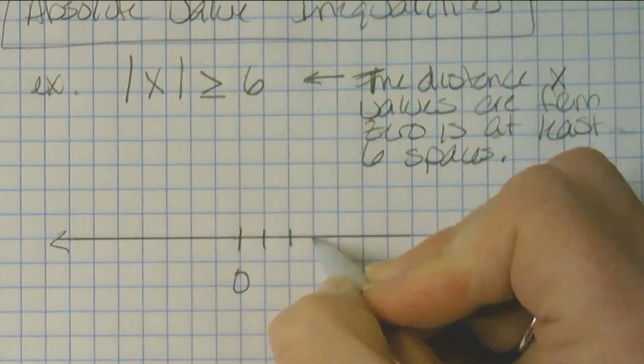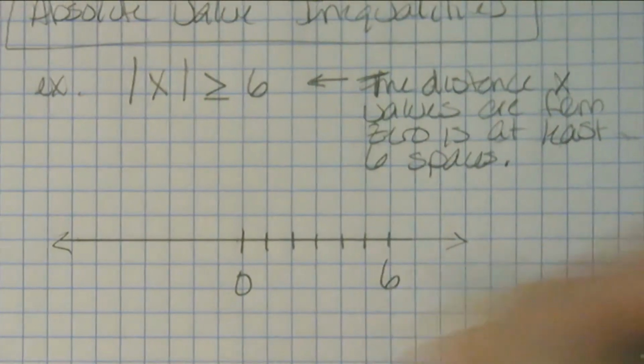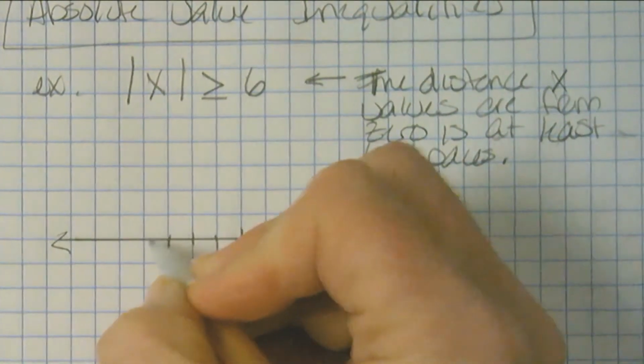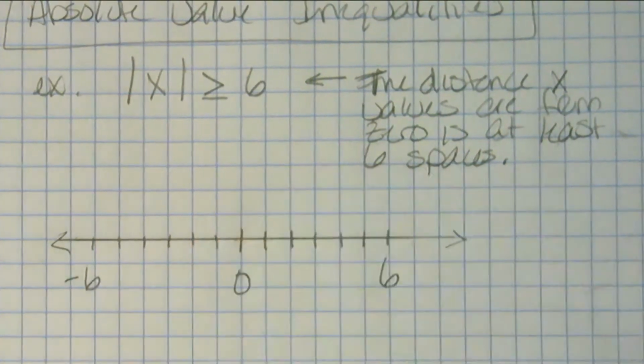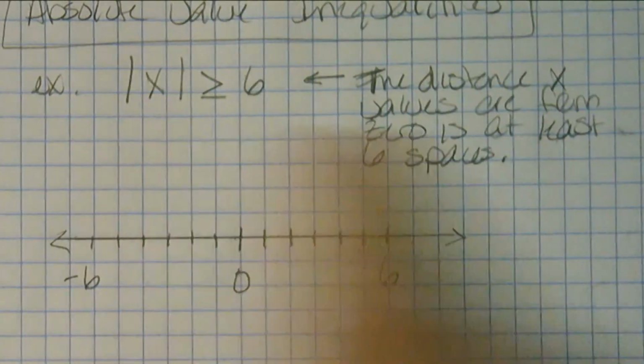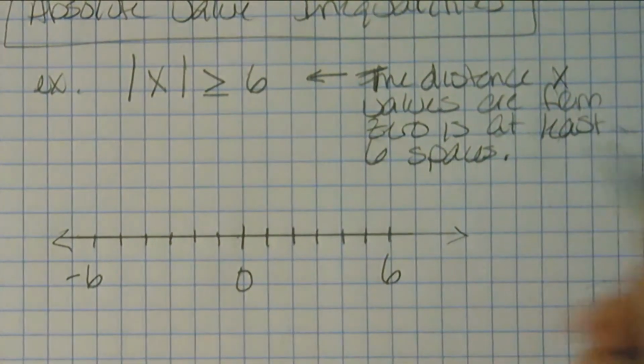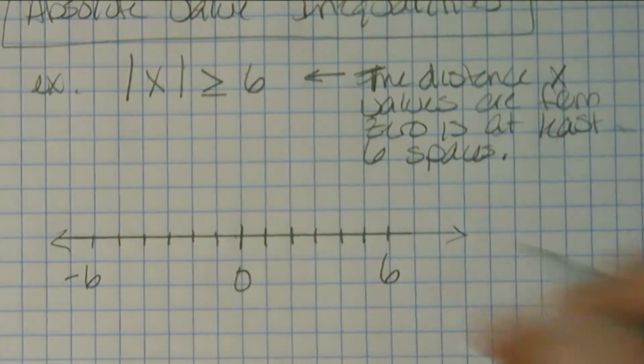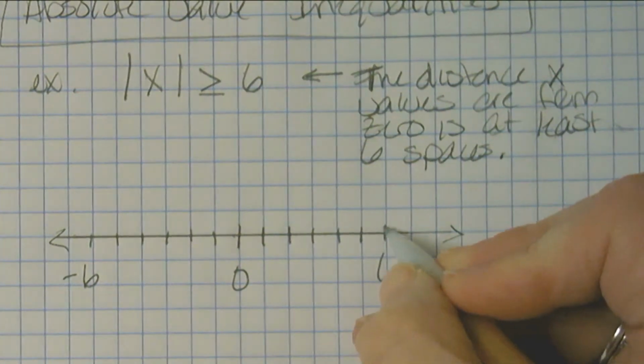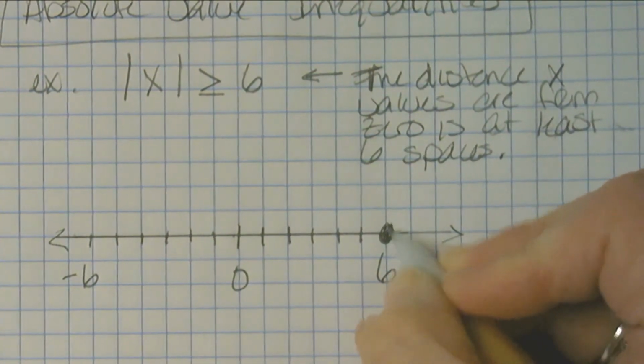So 1, 2, 3, 4, 5, 6. So here's my 6. 2, 3, 4, 5, 6. Here's my negative 6. So this means all my x's that are at least 6 spaces away from 0. Well, that means that I have a closed dot at my positive 6.